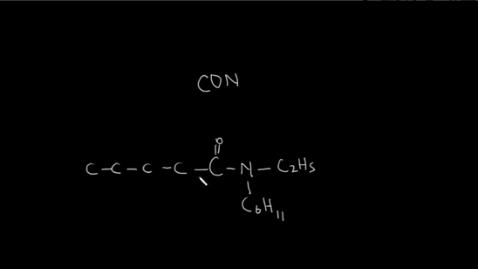If you look at this structure now, you will notice that this side is 1, 2, 3, 4, 5, but this side is 6. However, your parent chain must be the one attached to the amide group, and the amide group starts with this carbon.